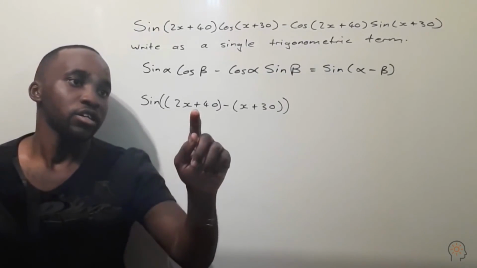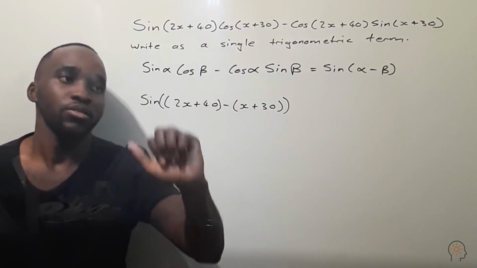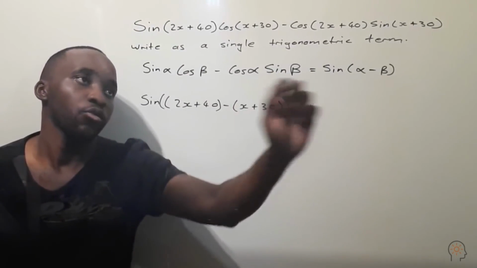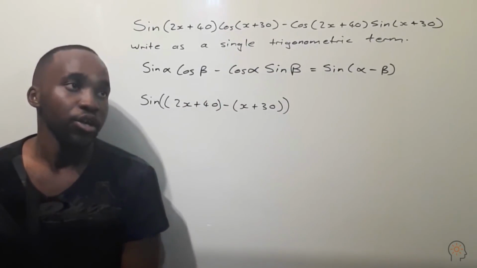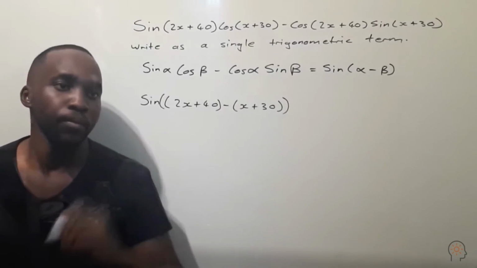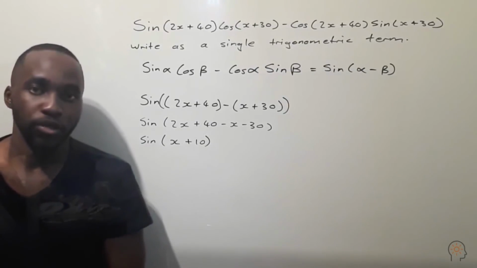Where alpha is, we have in our case a 2x plus 40. Where beta is, we have x plus 30 there, right? So if we were to clean this up, this is what we end up with, right?